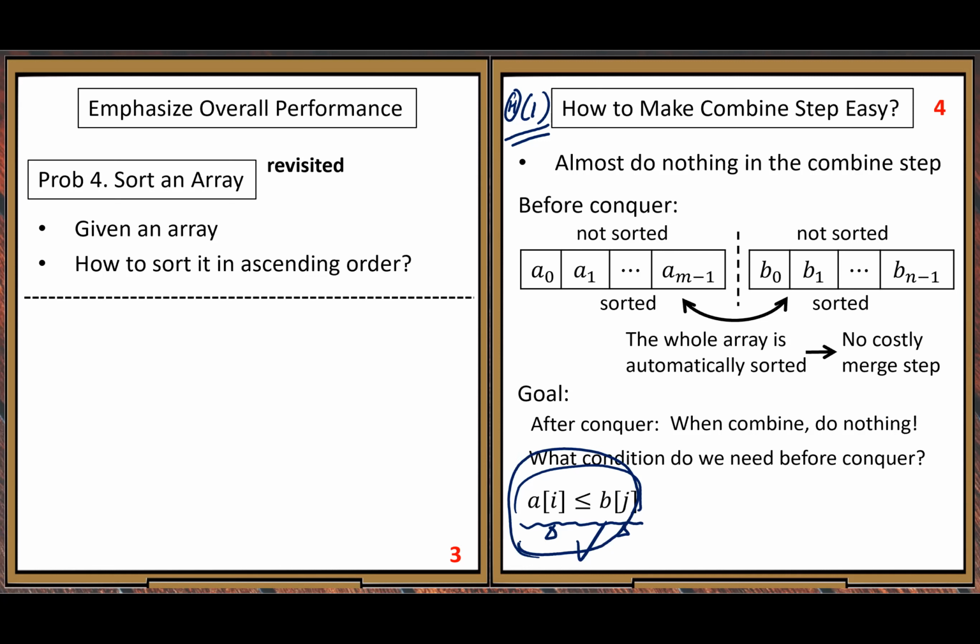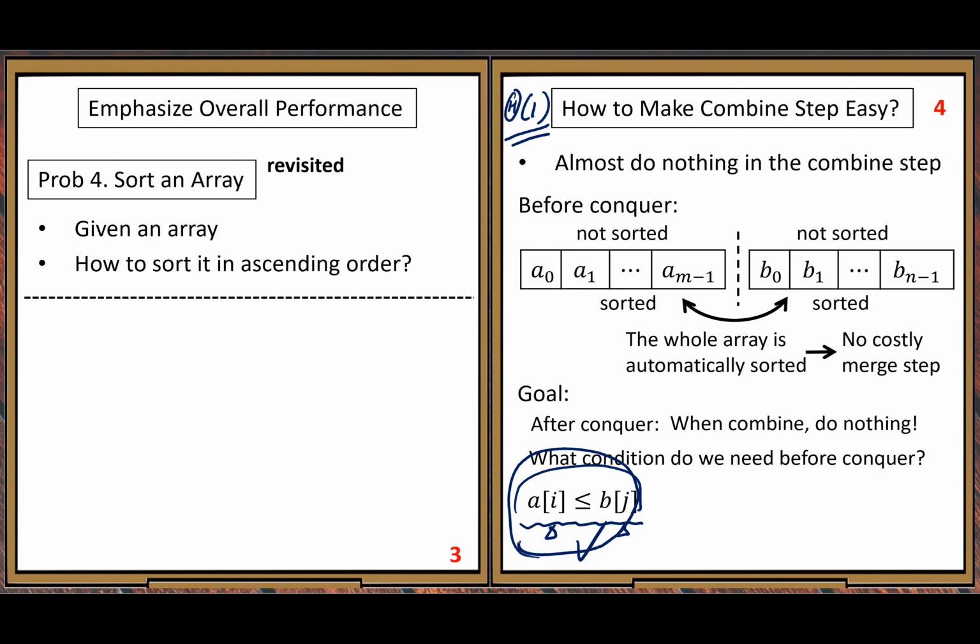Now we know in our divide step, we need this condition. This condition comes from the divide step. At the divide step, you need to enforce this condition. But the question is, how can you make it work in the divide step? Then we need to do a lot of work.